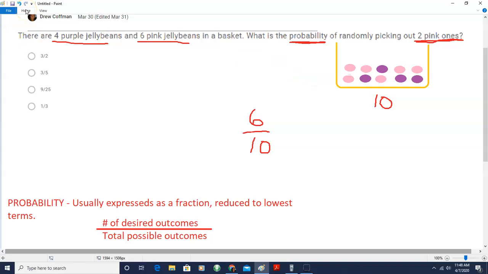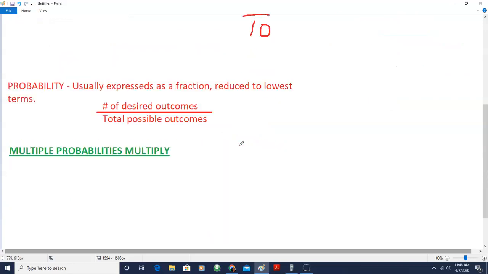But our problem involves 2 pink jelly beans. If there are 2 picks, we call that multiple events or multiple probability. And here's the second important rule that we have to remember. Multiple probabilities multiply. In other words, we're going to write more than one probability fraction.